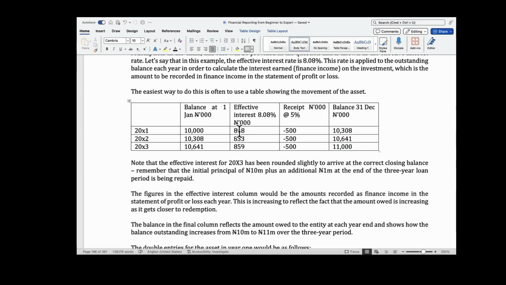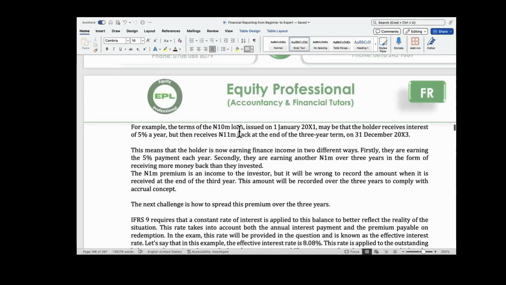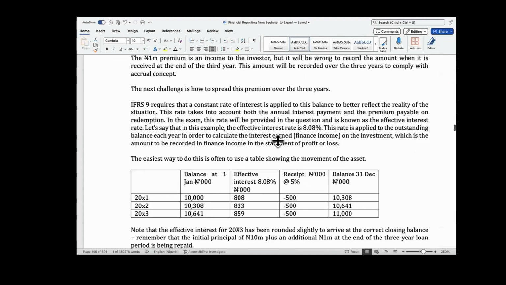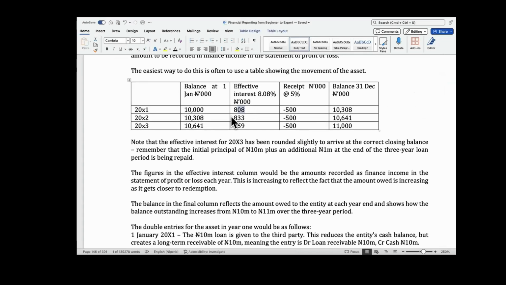And again, you will see that Latif told us when I asked how much we are making over the 3 years, he said 2.5 because 5% per annum plus 1 million. The 5% per annum is 500,000 every year, which is 1.5 million, plus 1 million, which is 2.5 million. So if you add these 808 plus 833 plus 859, which I told you is our actual income, the 5% and the portion of the premium that we are spreading every year, we have finished spreading everything, so we should get 2.5.